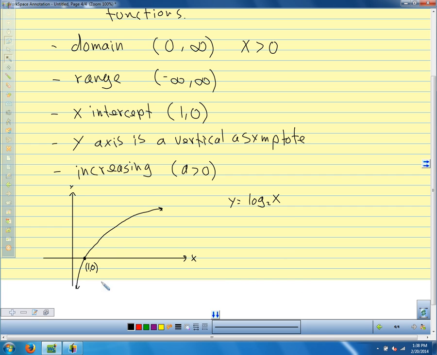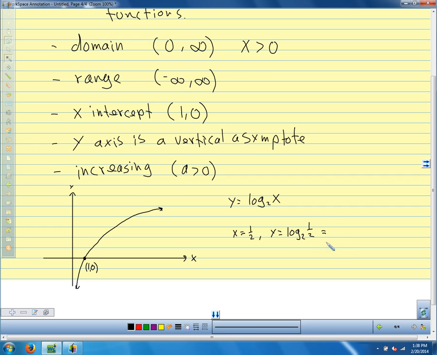So now we can add some detail to our graph, plug in some points. We're going to plug in easy points. So let's let x equal 1/2. So y equals log base 2 of 1/2.